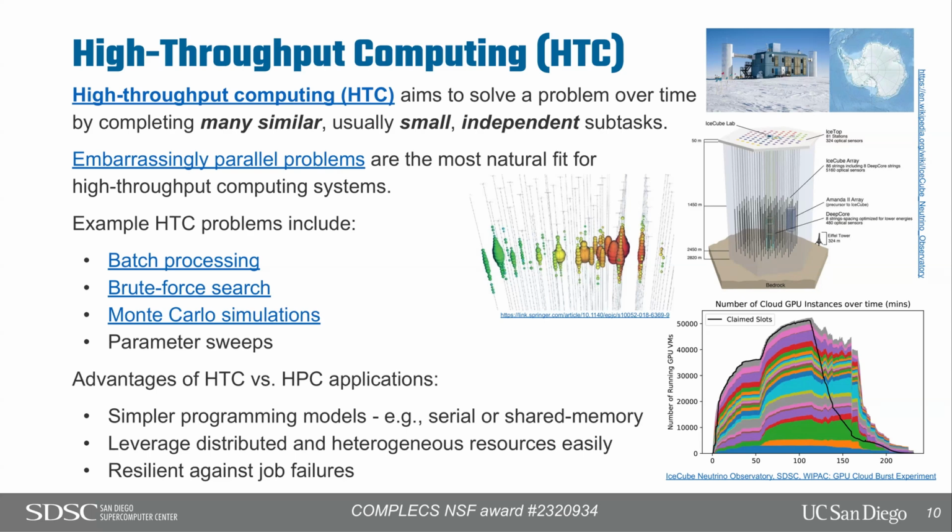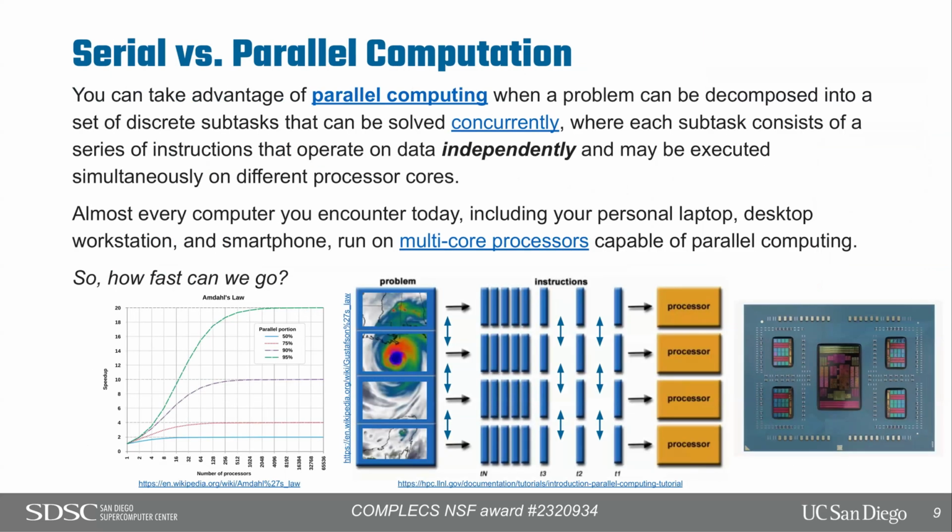High throughput computing is really trying to tackle problems over time by completing many small, similar, independent problems that can be computed across a wide variety of resources, and you don't need communication as the problem is being solved, like the weather simulation, right?